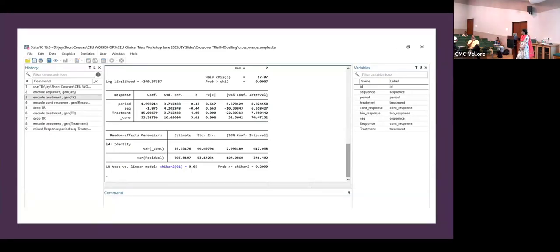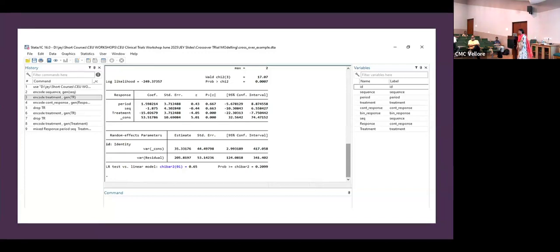You also could do another model where you put in the period by treatment interaction to see if the effect of the treatment is different in different periods.